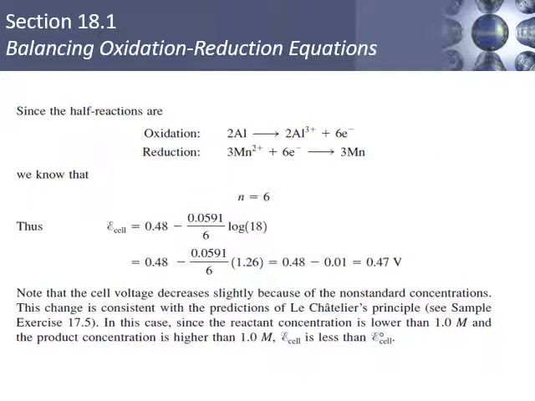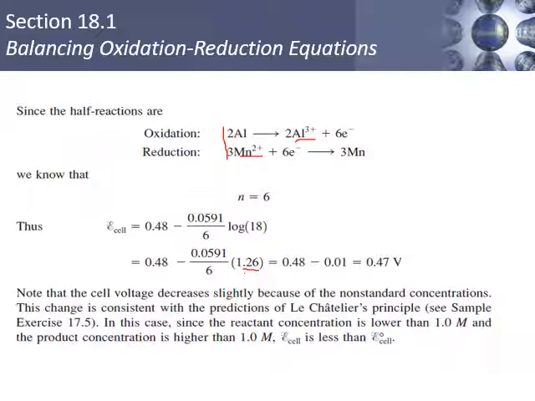So it's actually 1.26 here. Anyway, N is going to be, according to these equations, one of those situations which is kind of rare, but notice that here we're going to have 3 electrons for every aluminum and only 2 for every manganese.